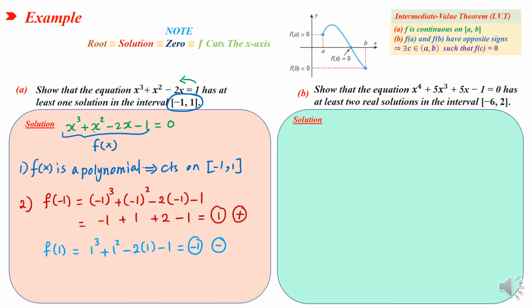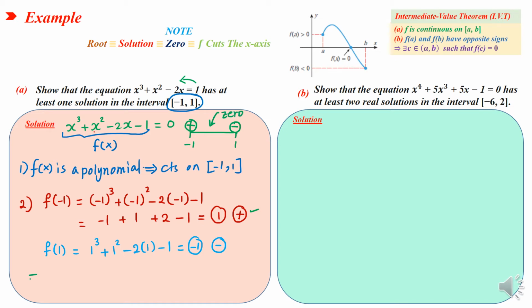So here we have the interval from -1 to 1, and the image of -1 is positive and the image of 1 is negative, which means we have 0 in this interval.